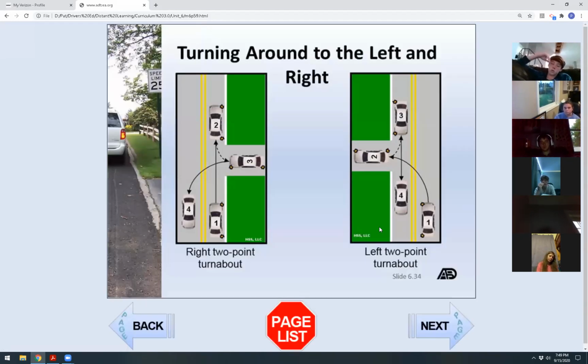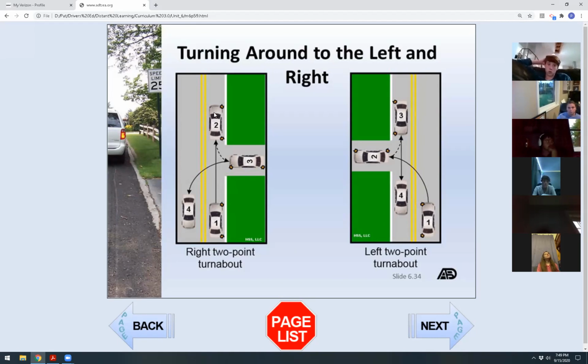So here we go. Turning around to the left and the right. They said that the safest way to turn around was to use a driveway on your right. And in the slides, they're calling it a two-point turn, even though you'll see in a second that there's three points. So the first thing you do is you drive past the driveway. The reason we go past it is that we want to back into it.